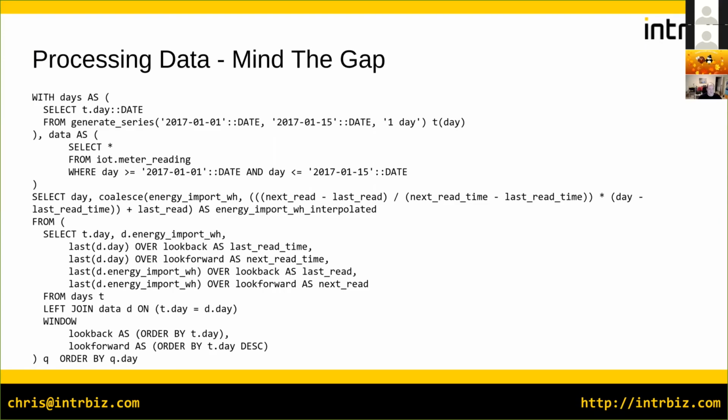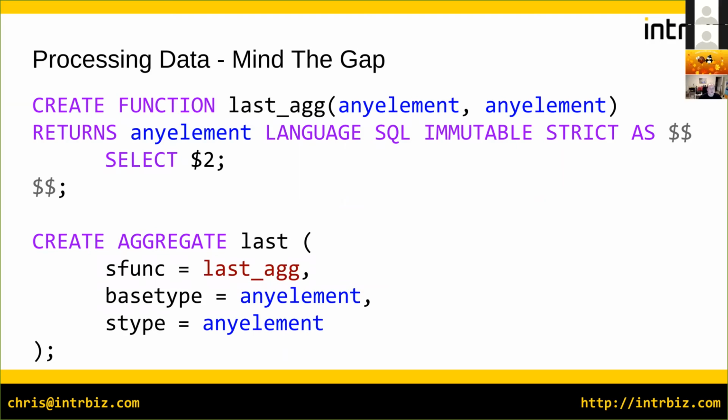Now we have to pull some tricks in Postgres to be able to do this. Firstly, we actually have to define and create our own aggregate. Postgres allows you to create any aggregate you can think of using a fairly straightforward function and then just a definition of these.